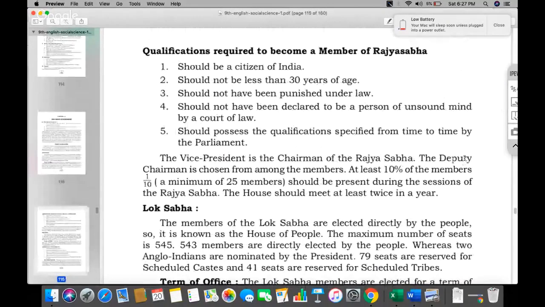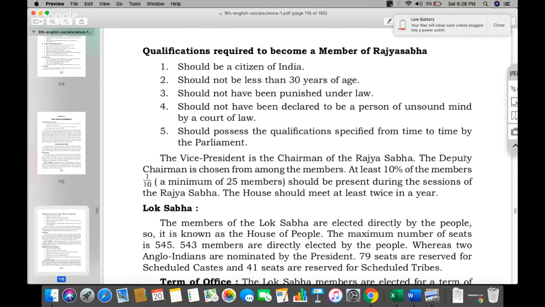Now, what are the qualifications of members who want to be part of Rajya Sabha? So it has been written. This is not very important, but you should know it. He should be a citizen of India. People who are not citizens of India cannot be part of Lok Sabha and Rajya Sabha. What should be the age? Age may be asked.